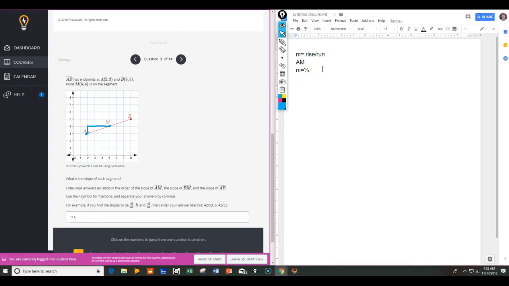The next segment is the slope of BM. The slope is again equal to, so from B to M, we went down 1, so that's a -1, divided by, to M, we went back 1, 2, 3, so since we went to the left, that means a -3.